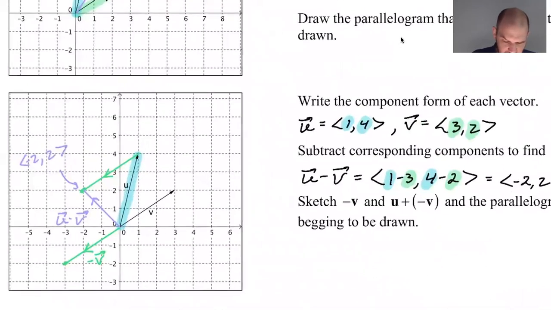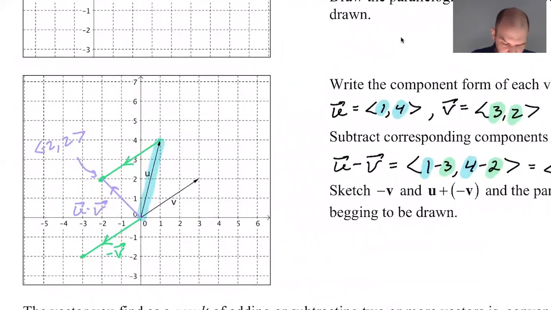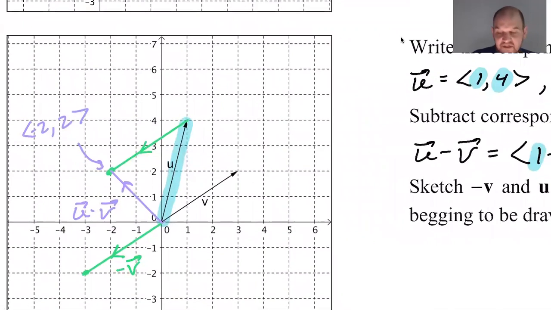Now, I do not like the parallelogram rule for this. What you could at least observe is that this is 2 to the left, 2 up. If I start here and go 2 to the left and 2 up, look at that, this terminal point can be connected by that vector.